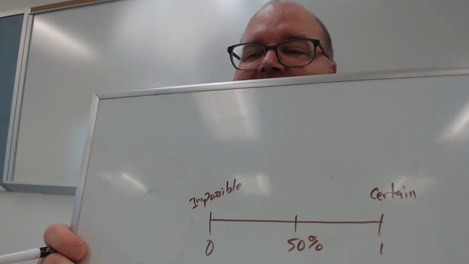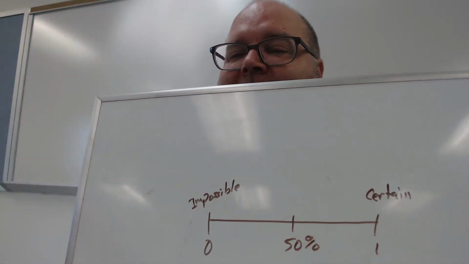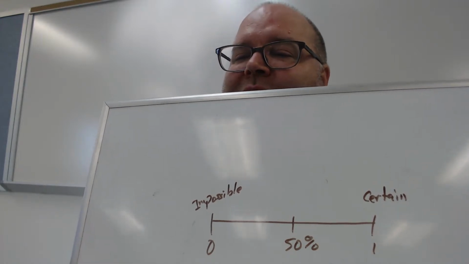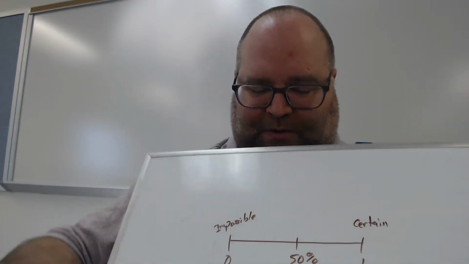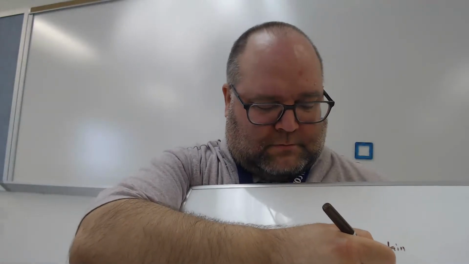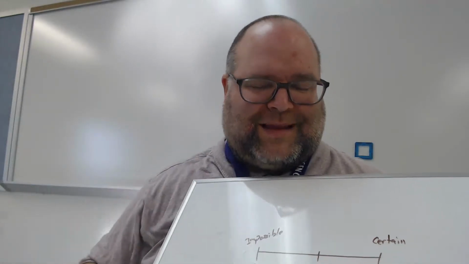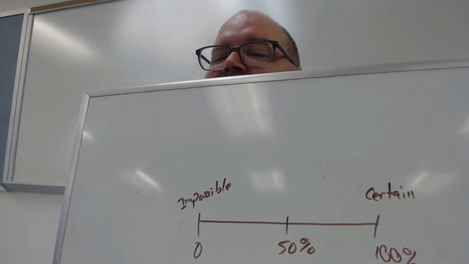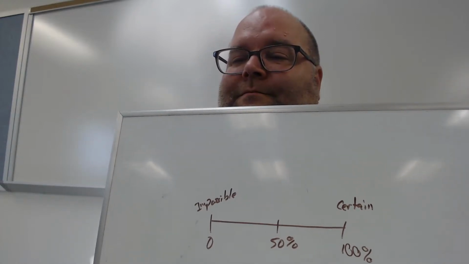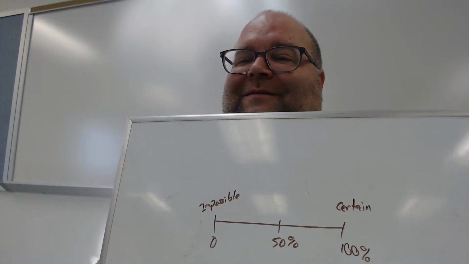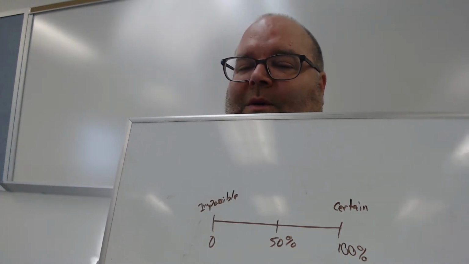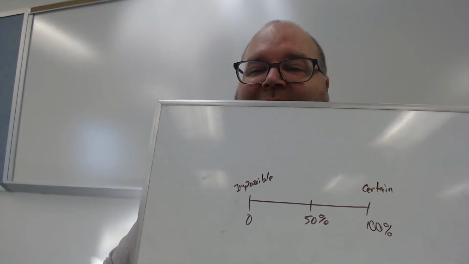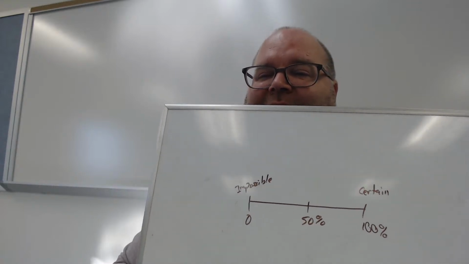Any of our probabilities of an event range from 0 probability to a probability of 1 or 100%. An event that has 0% chance of occurring is an impossible event, and an event that has 100% chance of occurring is a certain event.